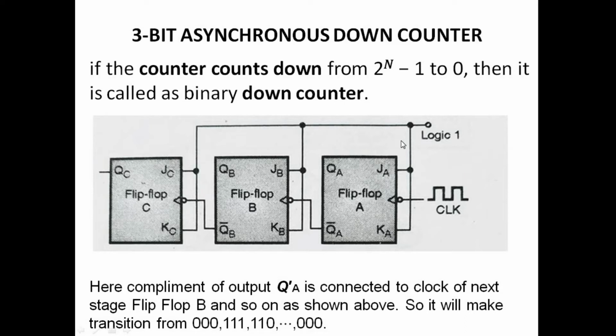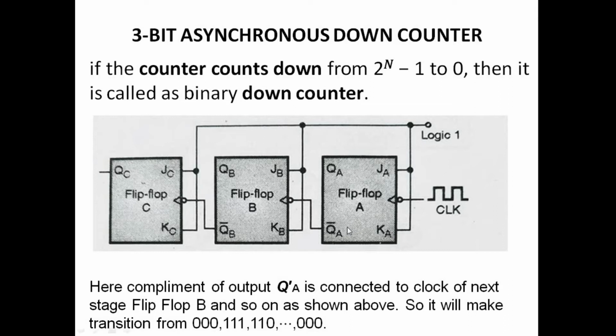So as you know, in a JK flip-flop, if both the inputs are high, the output toggles from the previous state. For example, if the previous state of Q is high, then the output becomes low through this flip-flop.